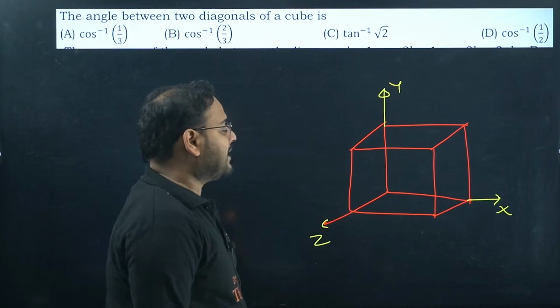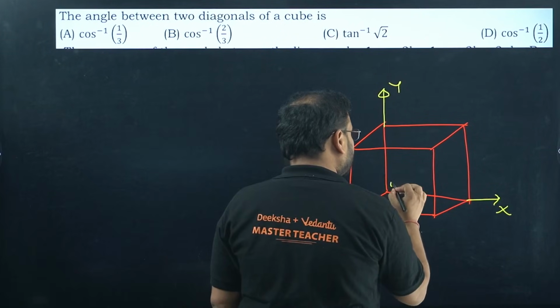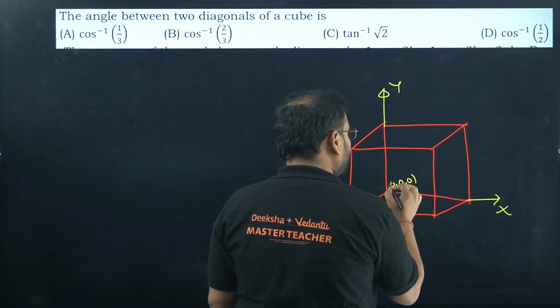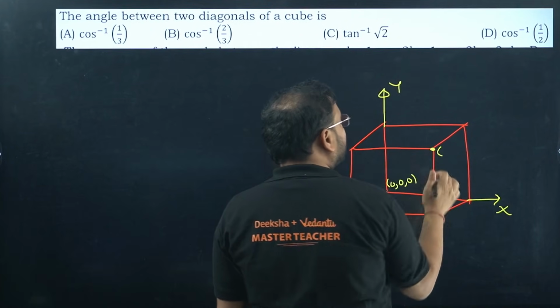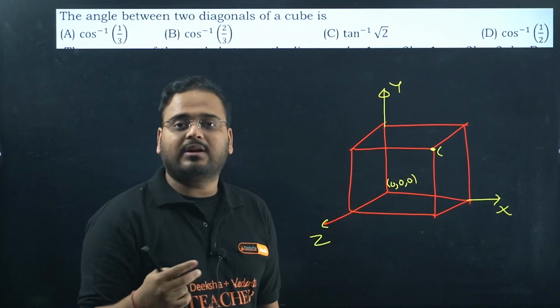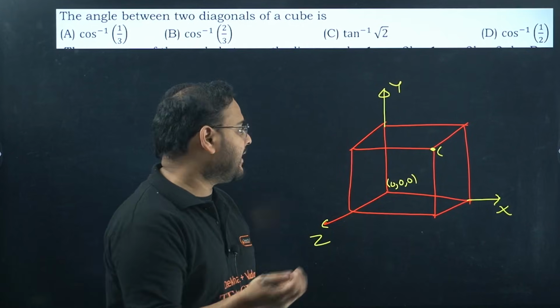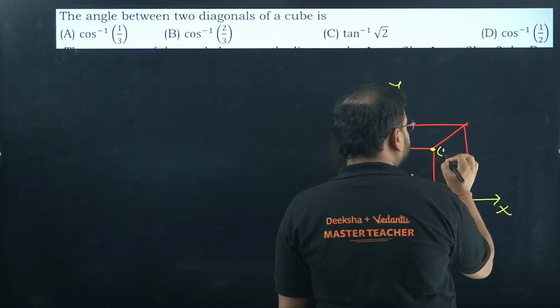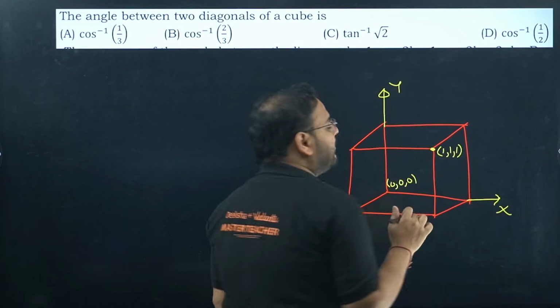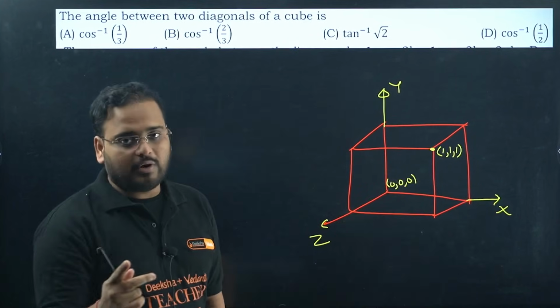Diagonals means this point will be one of the ends, 0, 0, 0, and the other end will be this over here. I'm going to take the edge of the cube as unit value, so the point is 1, 1, 1. I'm taking the length of the edge to be 1 unit.